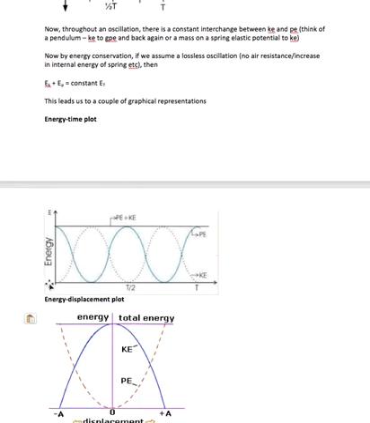And we have our potential energy plot, which is exactly out of phase with the kinetic energy plot. So at any given moment, they add together to give you that same total. So it's all here, nothing here. Half and half, giving you the same total value.